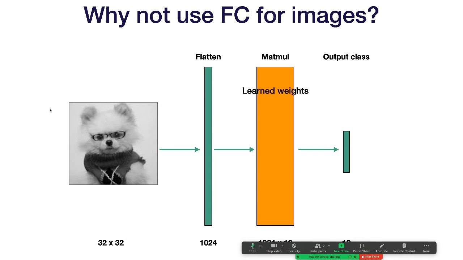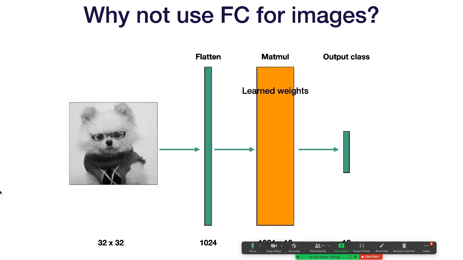Well, one thing to notice here is that this is a really small image, right? This is 32 by 32, and we already have a 1024 dimension vector. So what happens if you start increasing the size of that image? So increase it to 64 by 64, you'll have 4 times as many dimensions in that tensor, which means you'll have 4 times as many weights to learn in your matrix multiplication.